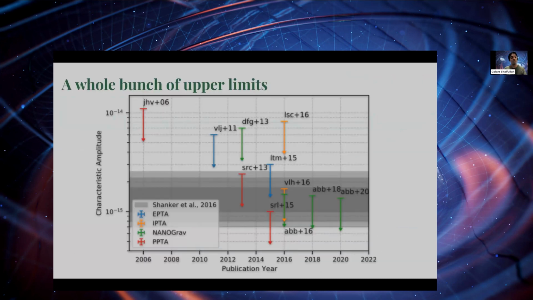Okay, so what we've been able to do in the past is produce a whole bunch of very stringent and ever decreasing upper limits. This is a quick chart of all of those from the different PTAs.